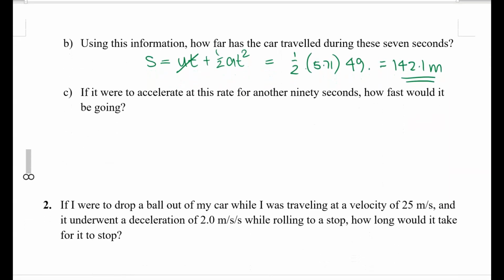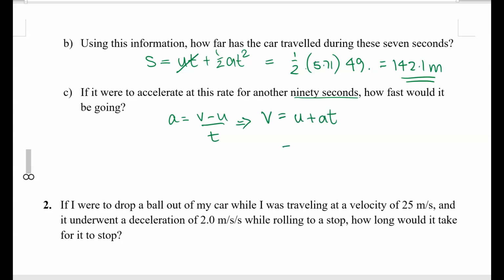Now, part C. If it were to accelerate at this rate for another 90 seconds, how fast would it be going? So a is v take u on t. We need to be a little bit careful here, but we'll rearrange this and say that our final velocity is u plus at.